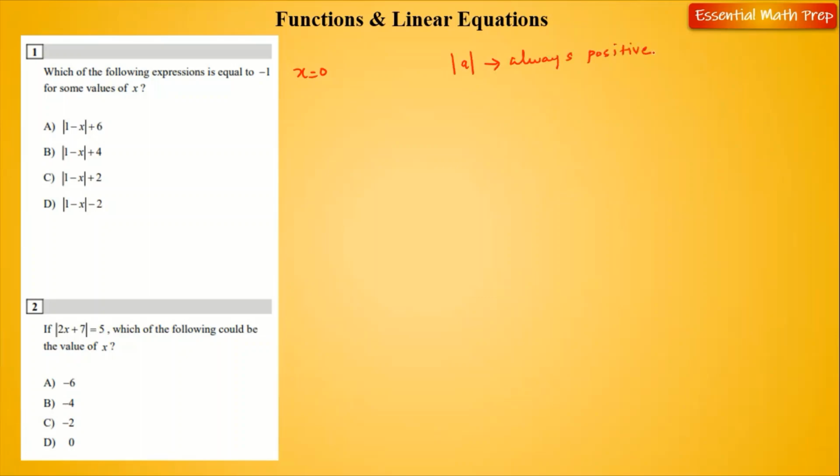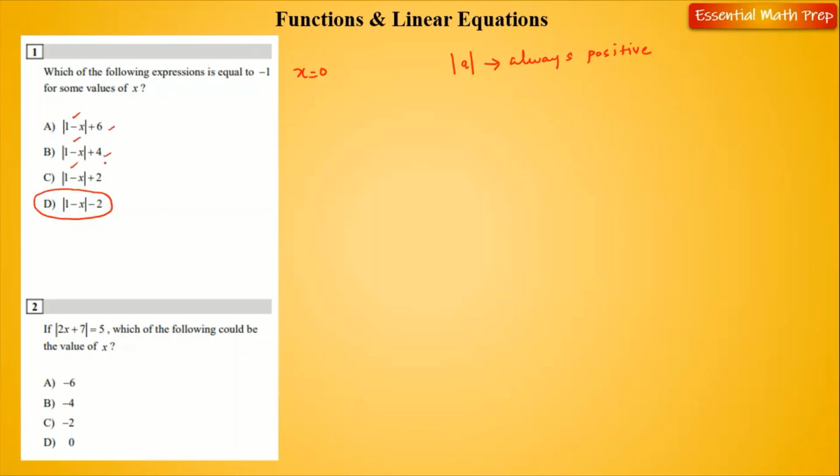That means if you want a negative number, there should be another negative outside of the absolute value. Right away, you know it's this choice, because all of these will give you a positive number.